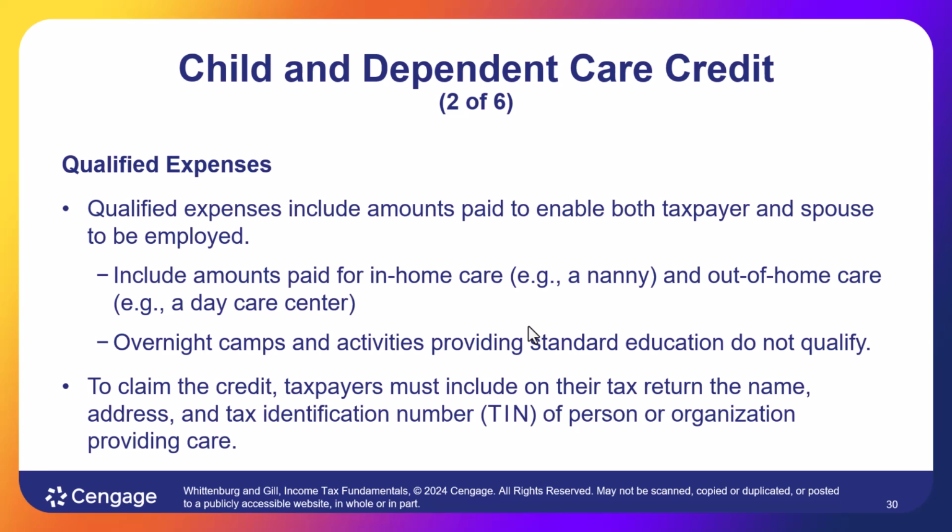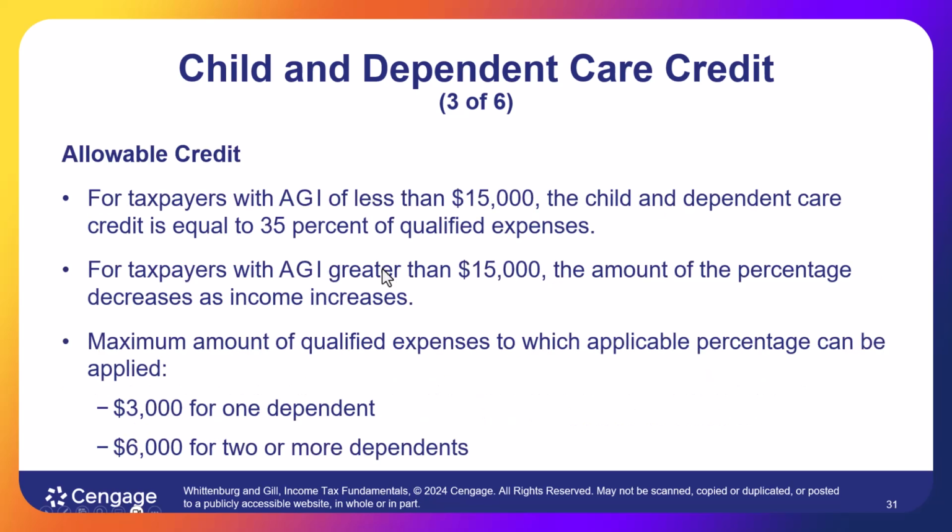Qualified expenses include amounts paid to enable both taxpayers to be employed, and the amounts paid for in-home care, a nanny, and out-of-home care, daycare, overnight camps. Activities providing standard education do not qualify. So you can't use private school for this, right?